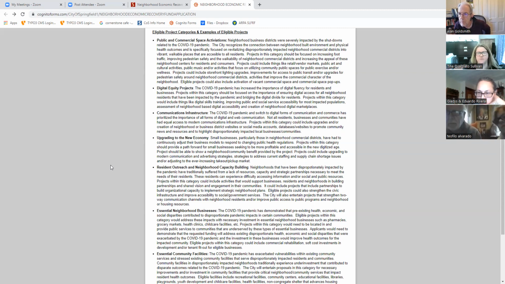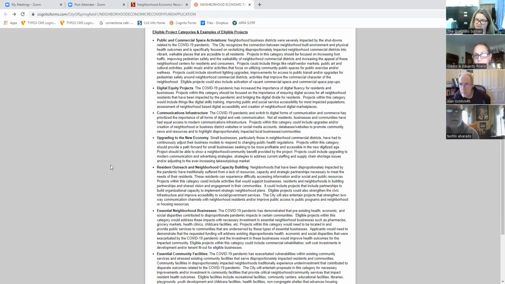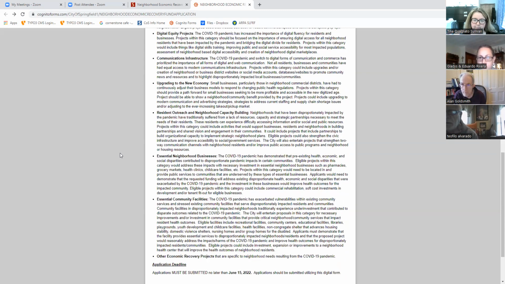I don't think the city will allocate all of the funding prior to June 15th, but we don't want to be going through everything in July. We recognize that applications are going to come in, so we're hoping to start announcing some funding as we move through. So yes, I would encourage you to get it in as soon as possible. The sooner you get it in, the sooner we can look at it and consider it.